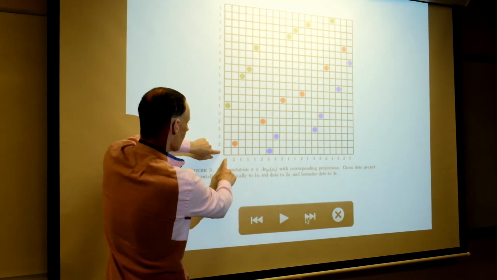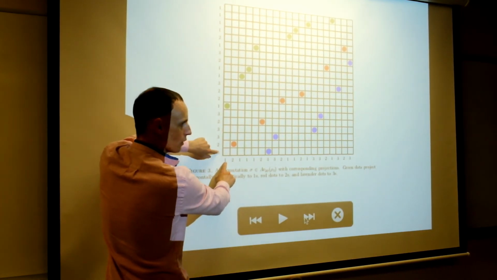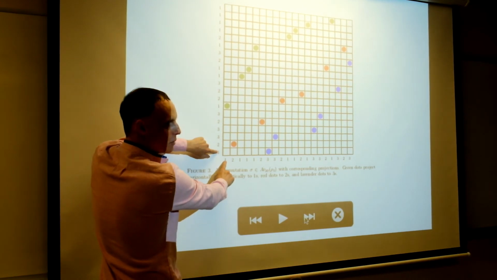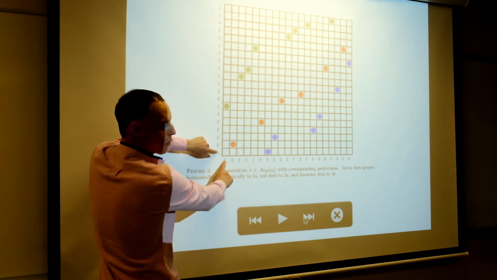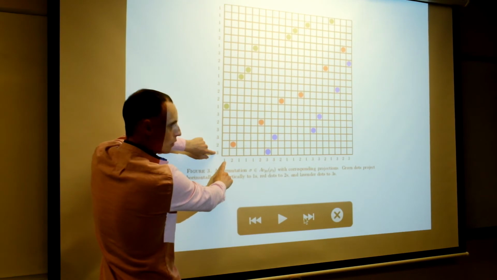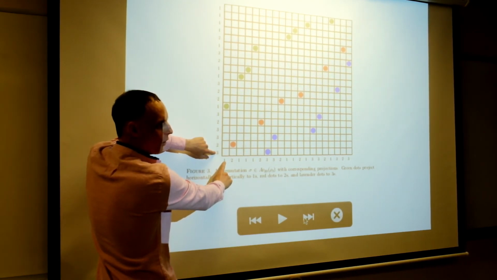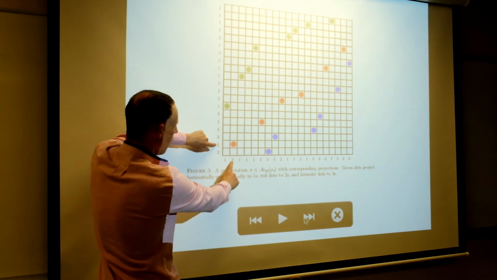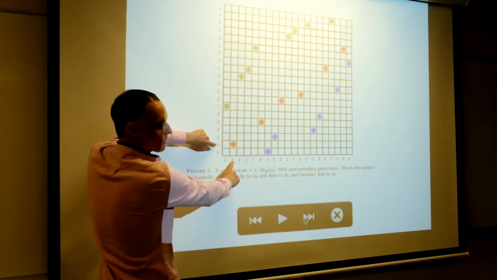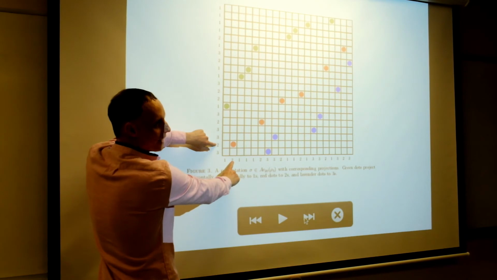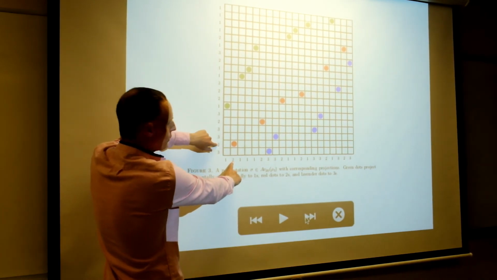If I see a 1 and a 3, the 1 means I increase the first coordinate by 1, and the 3 means I decrease the third coordinate by 1. Then I go on to 2 and 2, so I increase the second coordinate by 1 and decrease it by 1, so I don't move anywhere.